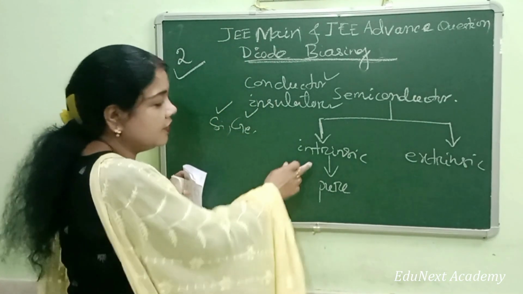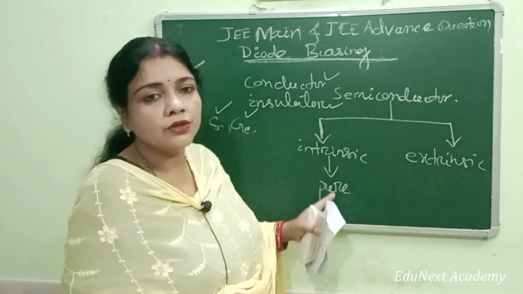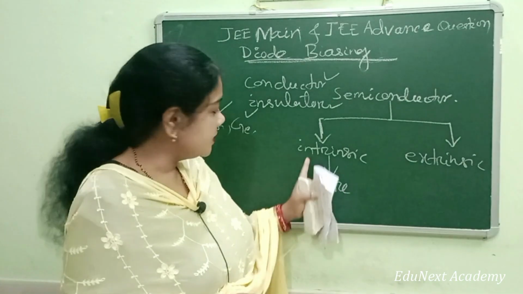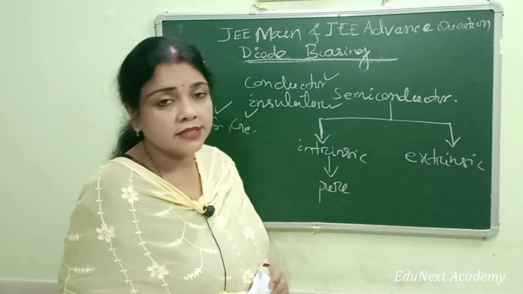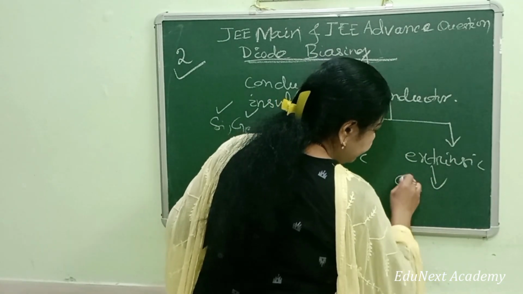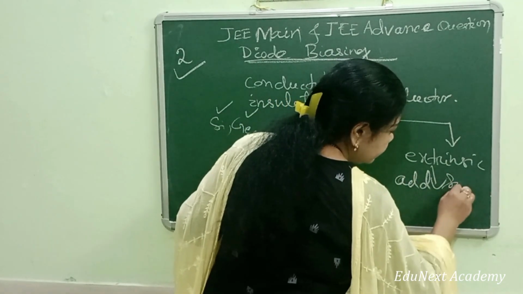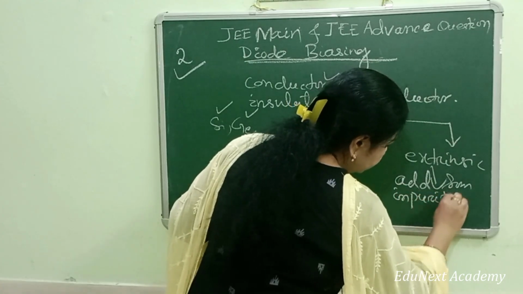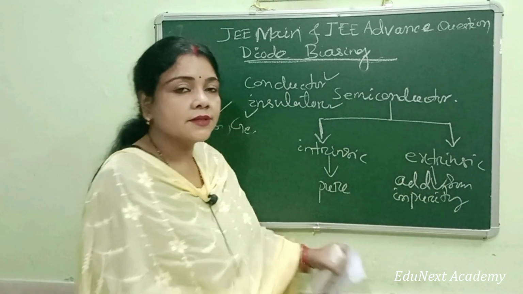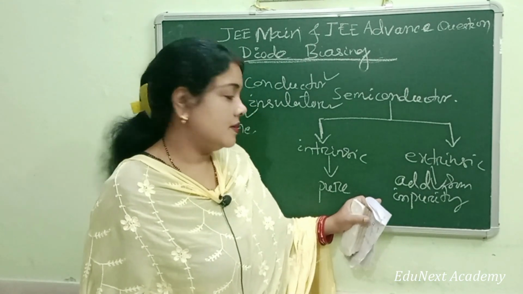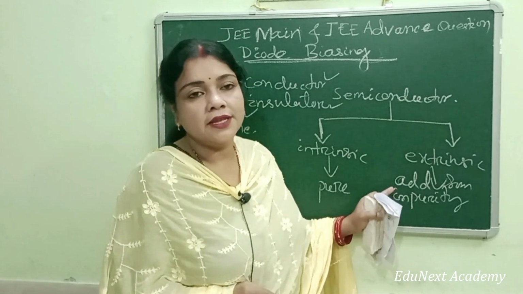A pure form of germanium or pure form of silicon comes under the intrinsic semiconductor. But when you add some impurity, then it becomes such a kind of semiconductor which can be applied in many fields.